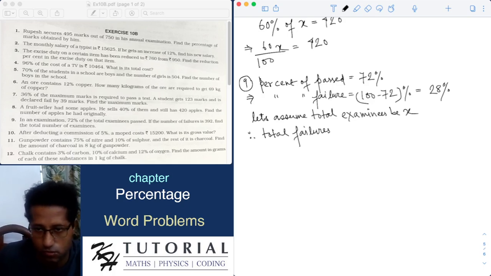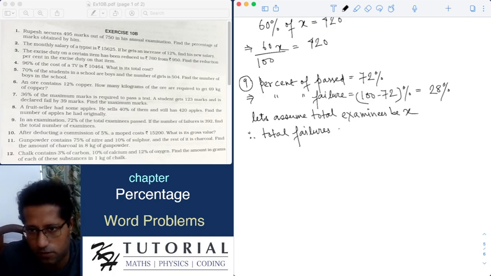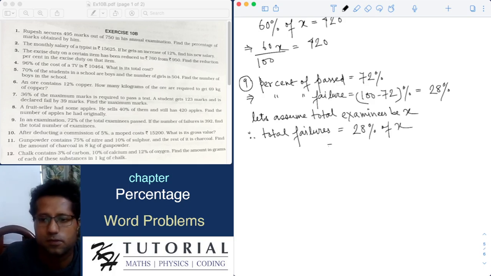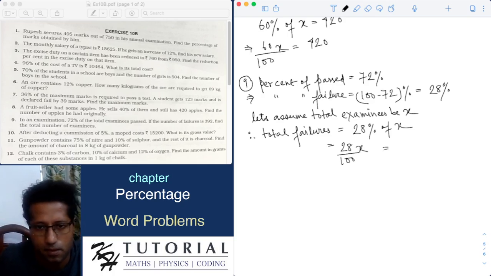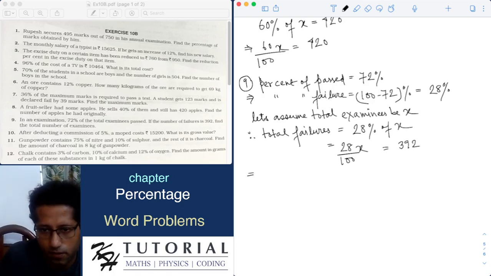So if we assume that the total number of students is x, the total failures should be 28% of x. This is 28 by 100 into x. This is given to be 392. The total number of failures is given to be 392. So this should be equal to 392, and from here we can solve for x.